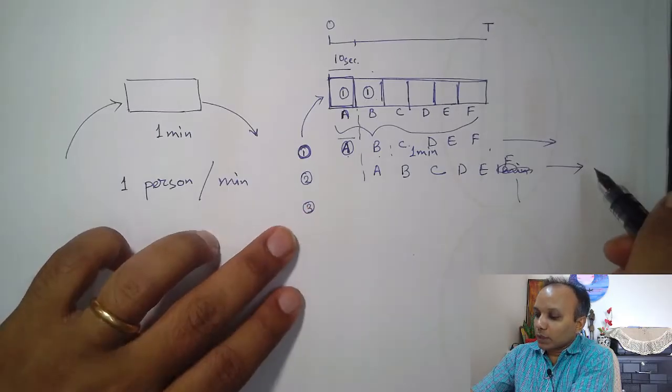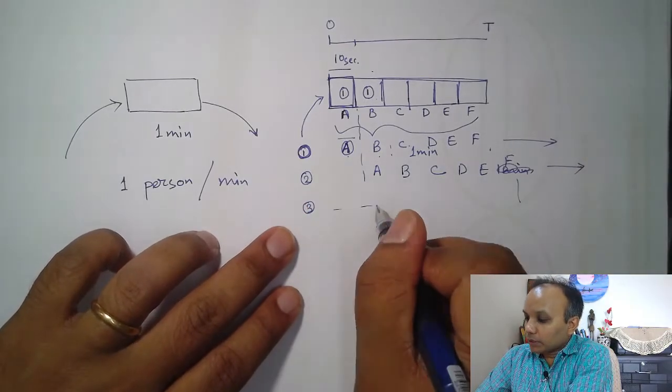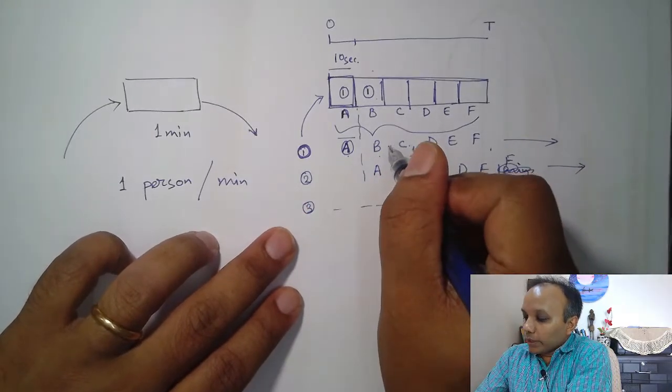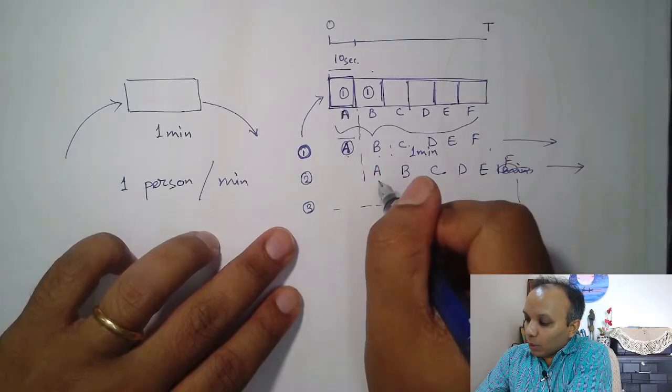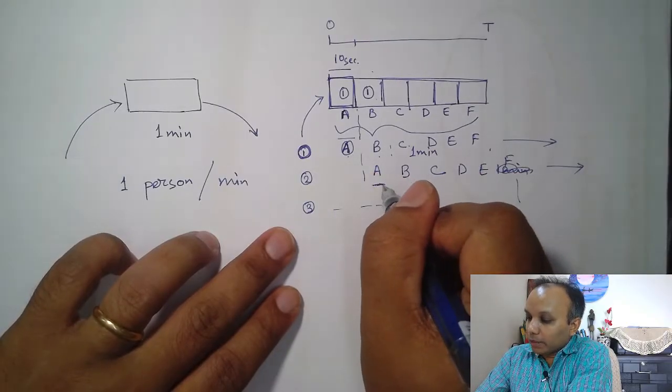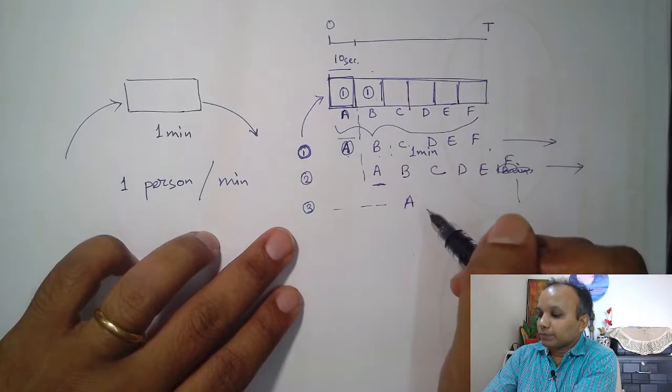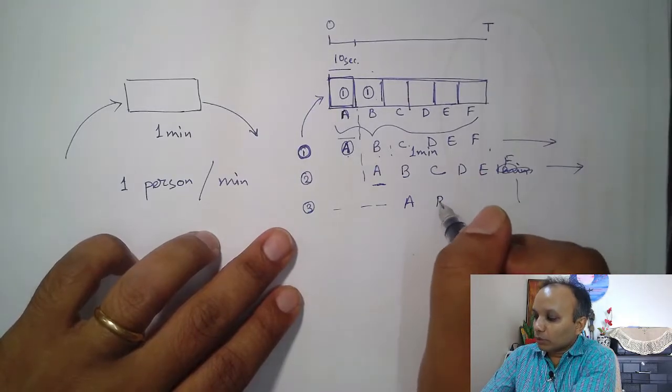What will happen to the third guy? When the second guy moves out of counter A, he occupies that counter, and so on.